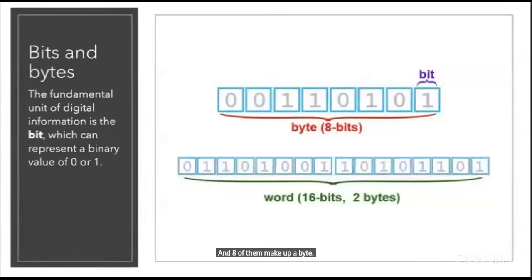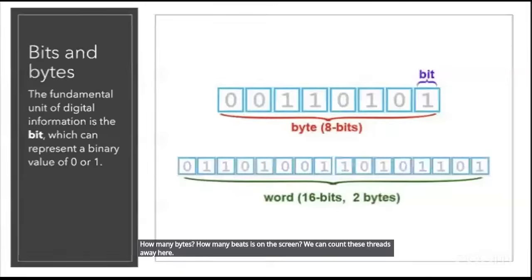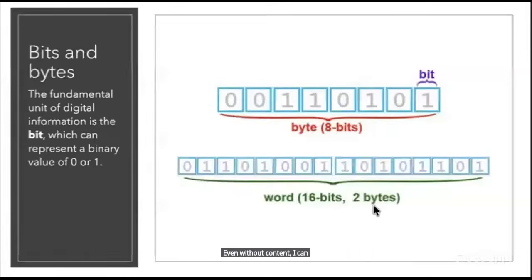So the screen shows us a word. How many bits is on the screen? We can count it straight away. Even without counting, I can see 2 bytes. That means it's going to be what? 16 bits. We count 1, 2, 3, 4, 5, 6, 7, 8, 9, 10, 11, 12, 13, 14, 15, 16.